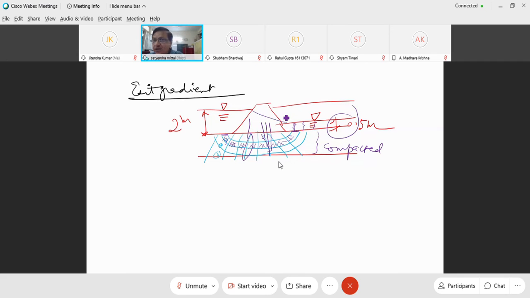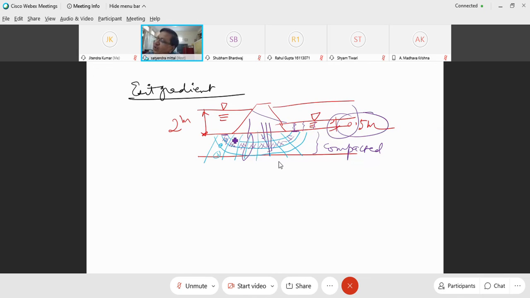This is also called the loss of head. Loss of head is the responsible parameter for the flow. Still, I am not happy with even 0.5. I don't want even 0.5 to stand here. If it is a concrete dam, why should I allow any water to come and stay here?